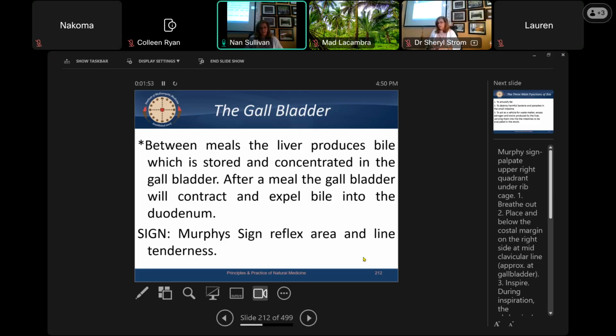Even if they're thin, it can still protrude, but you might have a little bit better access. It's right underneath the rib cage, and you can just touch it just enough until you feel some tenderness, or you may have to palpate even a little deeper, but it's right underneath that rib cage. It'll be on the right side.